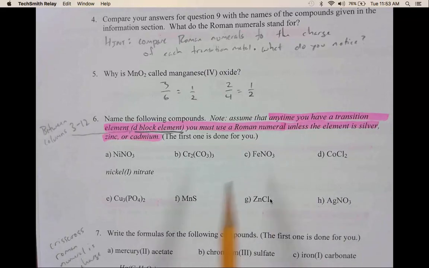Right now, name them the same way. If it's a positive ion, the name doesn't change. If it's a negative ion, we drop it to "ide." Remember, you have a list of polyatomic ions, so if it's a polyatomic ion, make sure you use the correct name. You don't have to change polyatomic ions' names. And then remember, if it's a transition metal, include a Roman numeral.